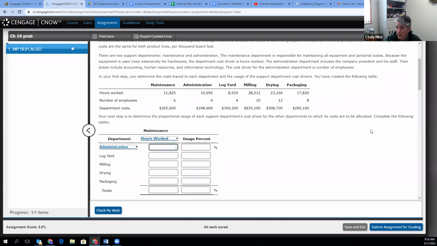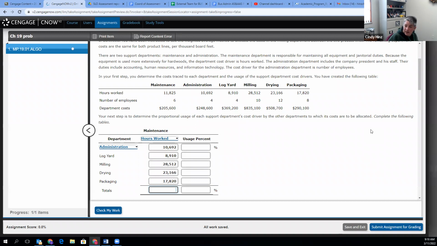So I'm just filling in the hours worked by maintenance for those other departments. Administration is 10,692. And I'm just going down the list, from the table of given information, filling in those hours.